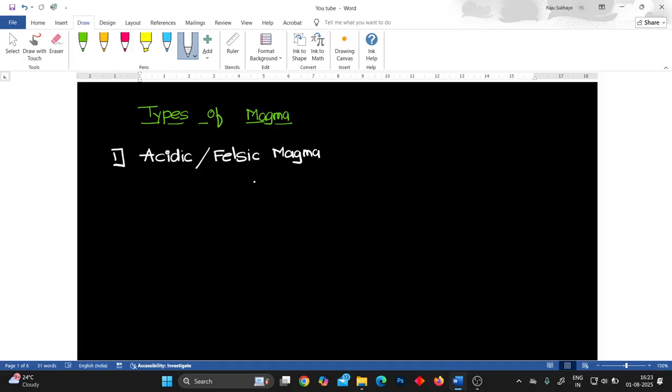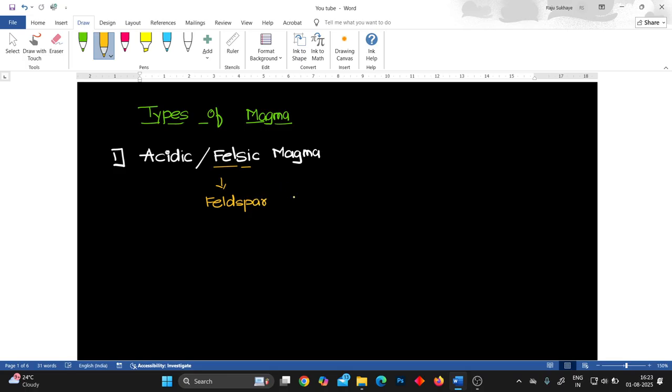Why has it been given the name felsic? Here you can see it is a combination of two mineral groups. One is feldspar, all the minerals which belong to the feldspar group.